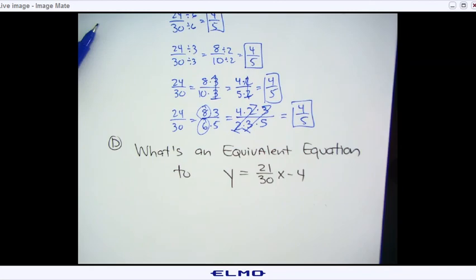Do the answer. On this one, all they're saying is give me an equivalent fraction. So here are your options.